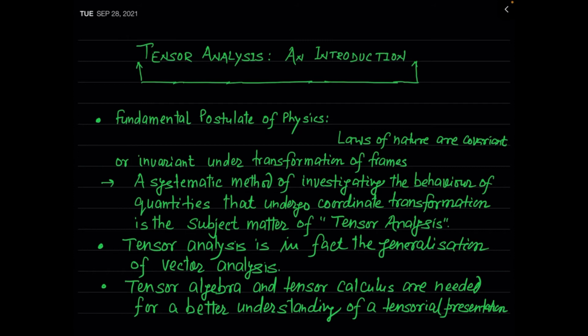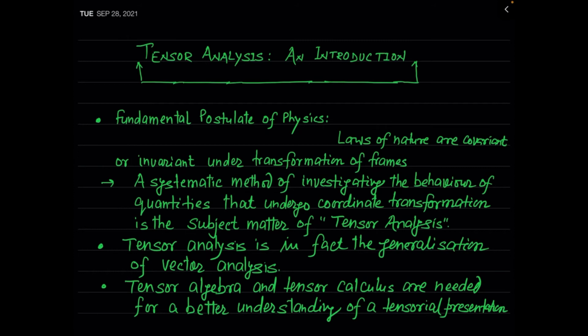I would like to start this tensor analysis with a basic, or you can say a fundamental postulate of physics. You know that a fundamental postulate of physics is that the laws of nature be expressed in equations that are valid for all coordinate systems, or all reference frames.